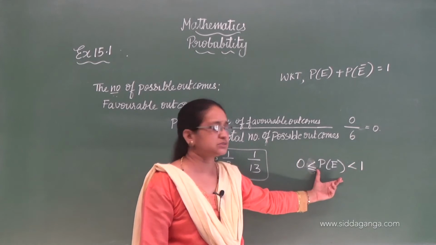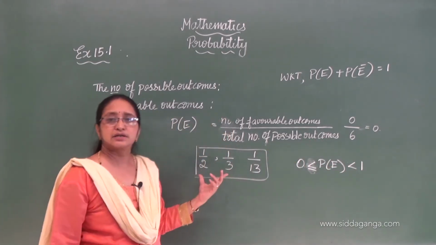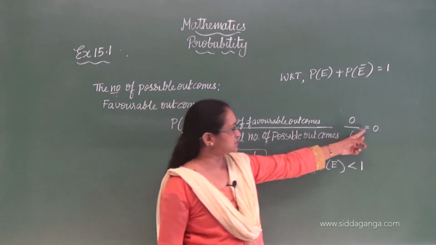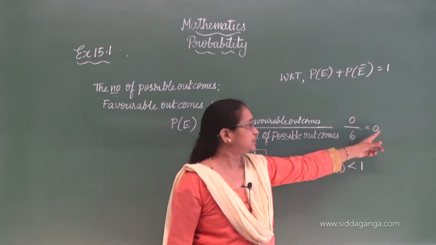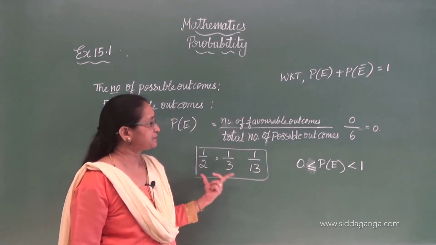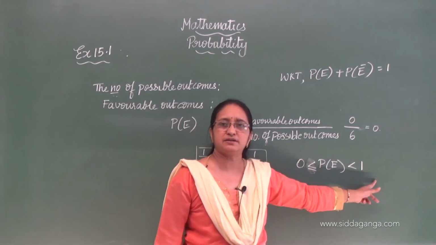I hope you understood this. See, this is the example for equal to 0, or it will be greater than 0, and probability of event definitely it will be less than 1.